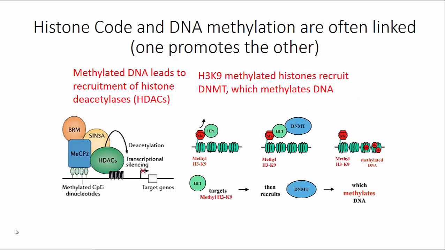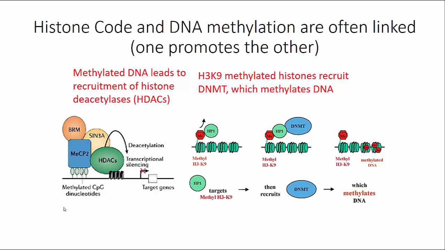One final point I'd like to make is that the histone code and DNA methylation are very tightly linked to each other. Two examples are shown here, and please realize I don't want you to learn all of the details of all of these factors. I just want you to understand this basic thing.